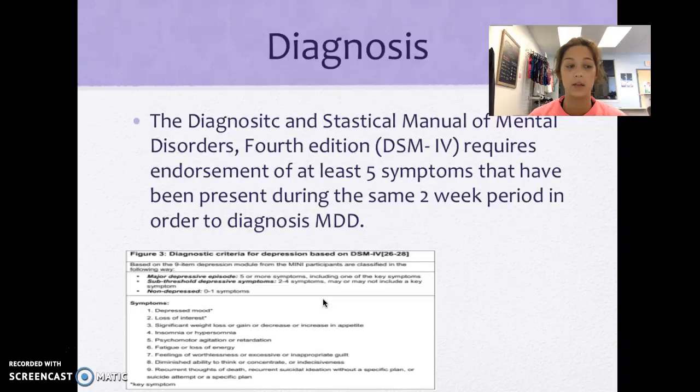One has to be either the first or second listed. So either there needs to be depressed mood most of the day, nearly every day, or a significant loss of interest or pleasure in most or all activities. So to diagnose major depressive disorder, the patient has to have either one of those two and 4 more of the following symptoms in the chart of 9.